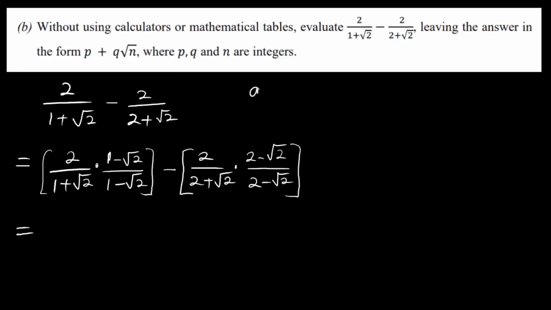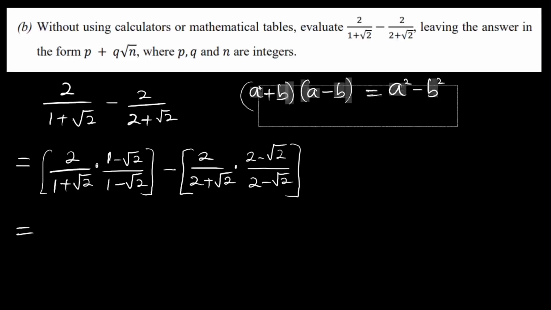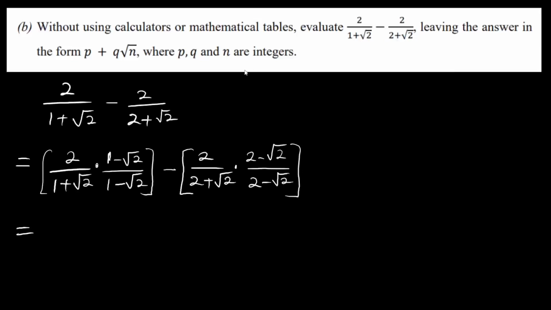Difference of two squares says (a plus b) times (a minus b), that's when we have a squared minus b squared. So since the denominator is multiplied by its conjugate, the final result is just going to be a squared minus b squared. So I'm going to take 1 squared minus root 2 squared. That's just what it means. Very simple, easy peasy, right?